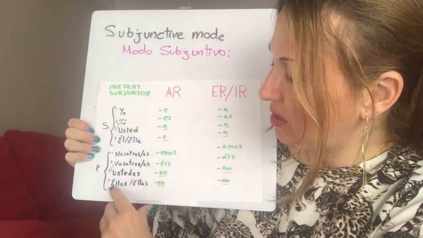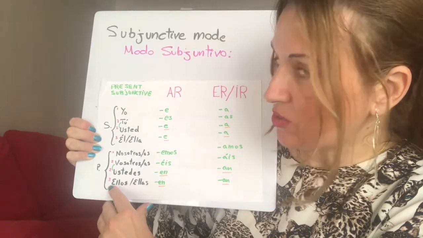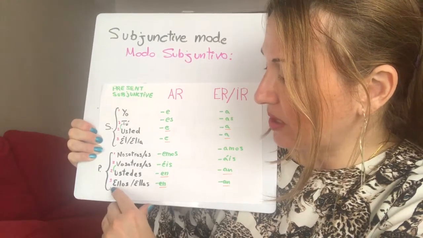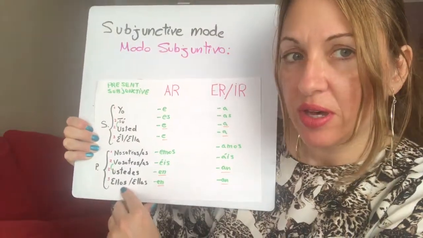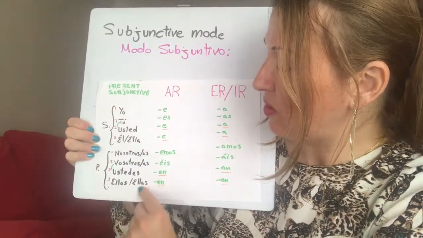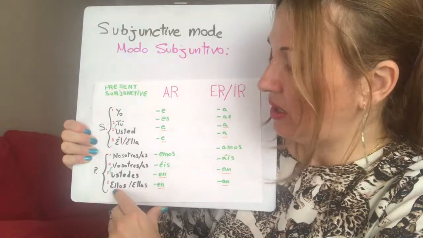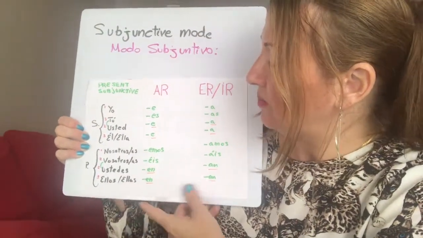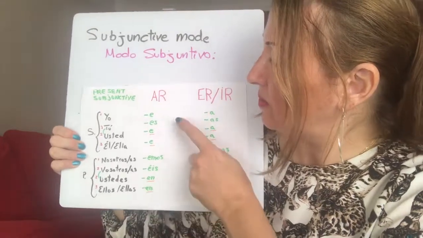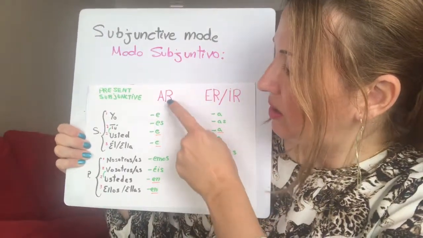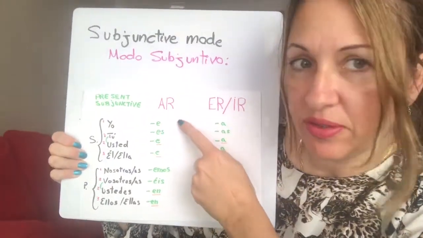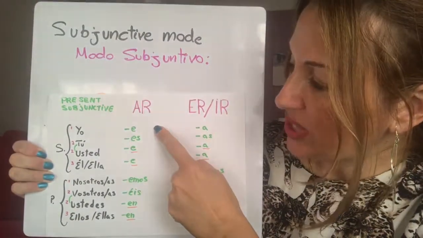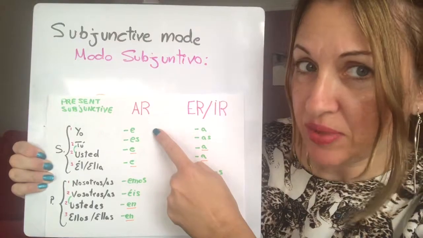And the third one is they, which in Spanish can also have a masculine form or a feminine form. Ellos, ellas. Okay, now here under the AR, I have the endings for the present tense in the subjunctive mode.